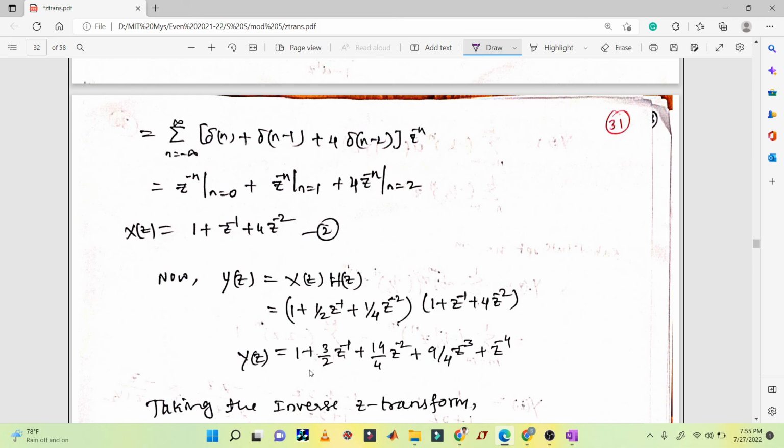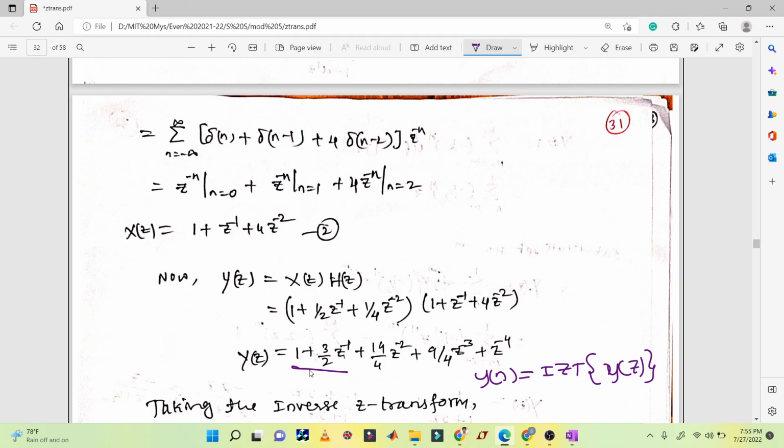Okay, final step, let me explain here itself. Y of z is there. Now y of n means the inverse z transform of y of z.